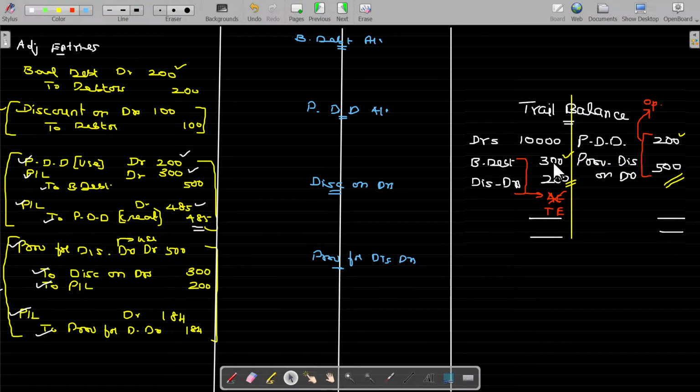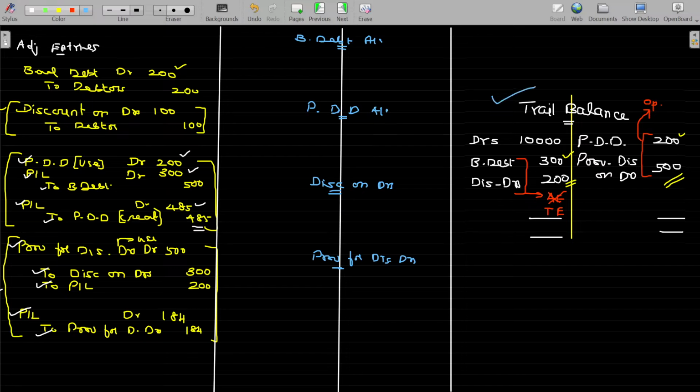I have taken the trial balance and adjustment entries. From the trial balance data, I am going to incorporate all these adjustment entries to find out the closing data. It is better to open the debtors account also. So I will open the debtors account here.